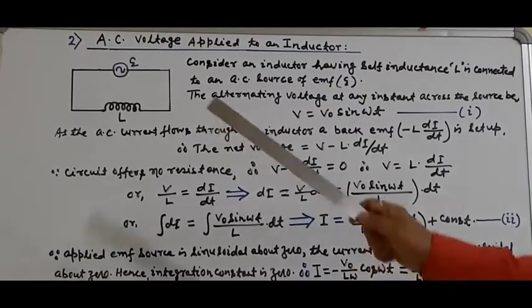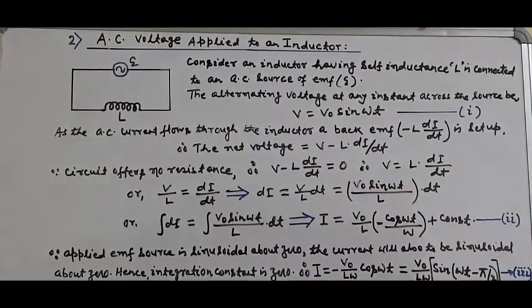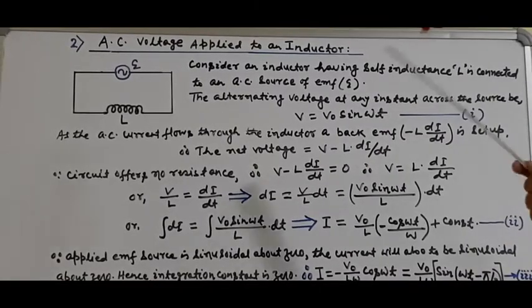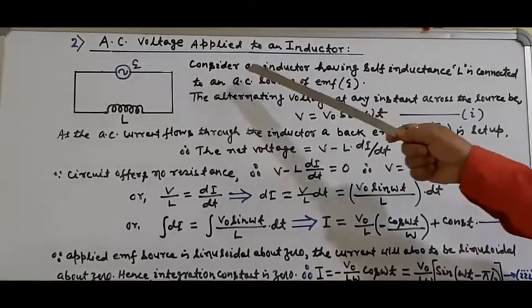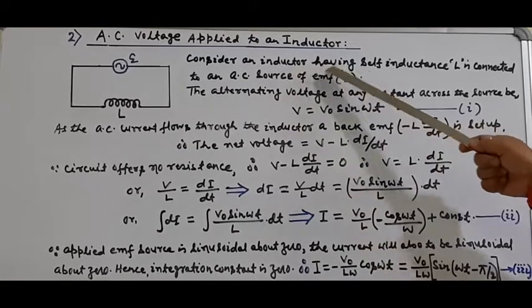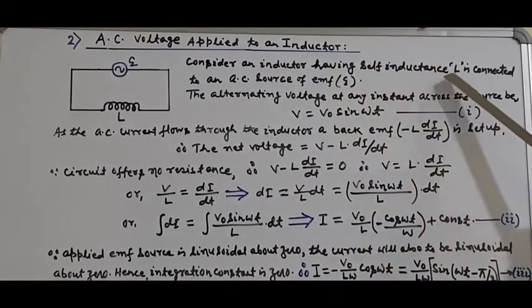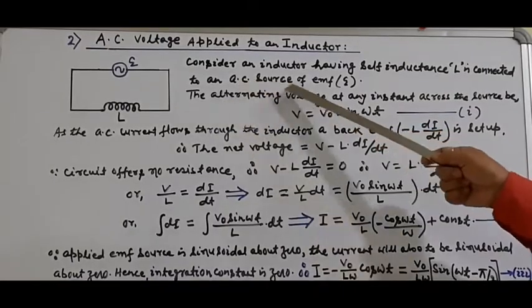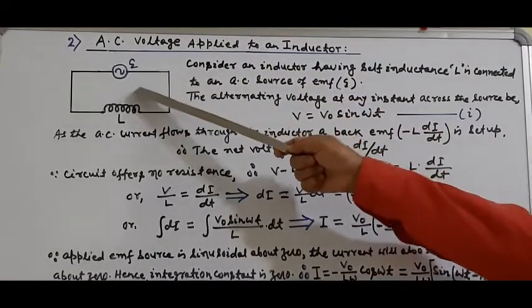Thus, the circuit is a purely inductive AC circuit. So let us consider an inductor having self-inductance L connected to an AC source of EMF, as shown in the figure.